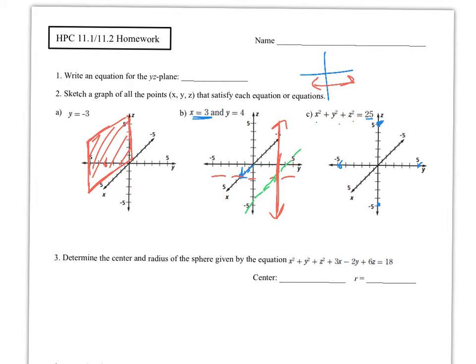Imagine it is just a circle, and we can graph that first. But then we also know that it goes back 5 on the x-axis and out 5 out here. So we can make that look like a three-dimensional object with some extra lines here. This is just a sphere centered at the origin with a radius of 5.